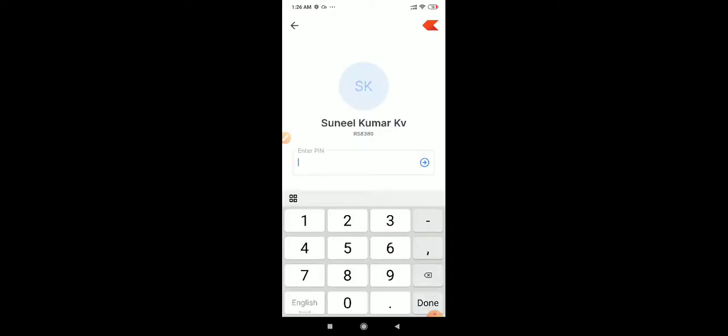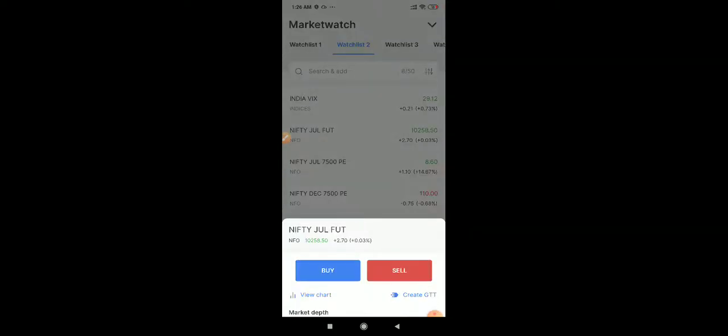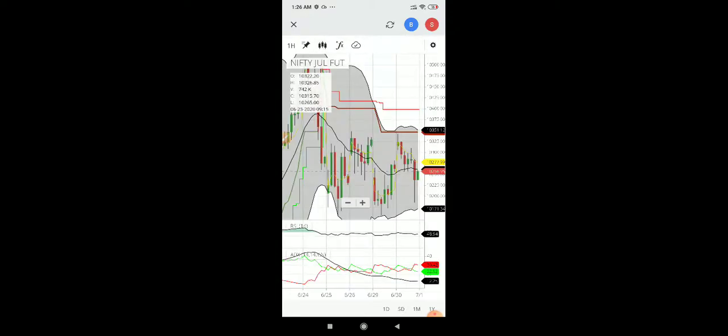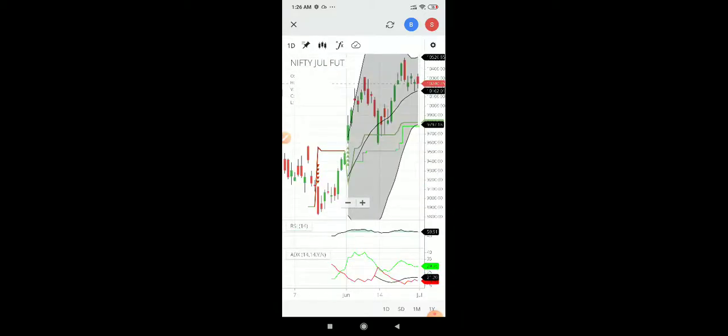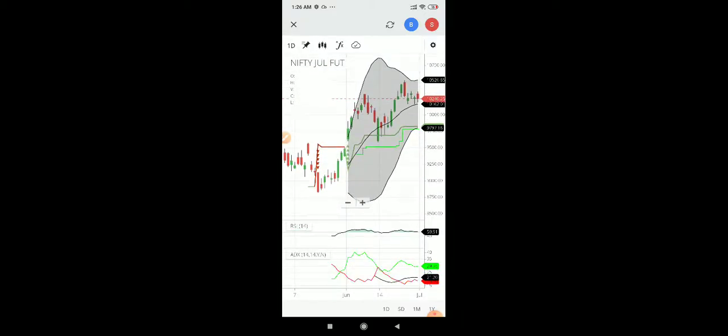I am opening Zerodha Kite platform. I am opening NIFTY July future chart. I have saved this chart in day mode.